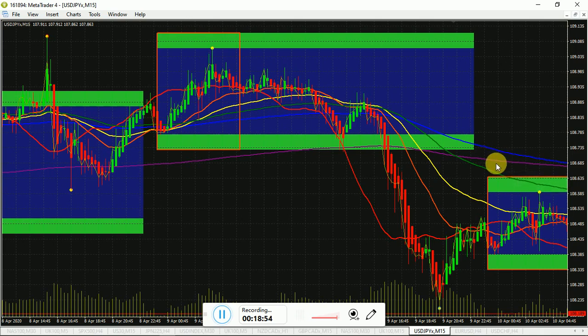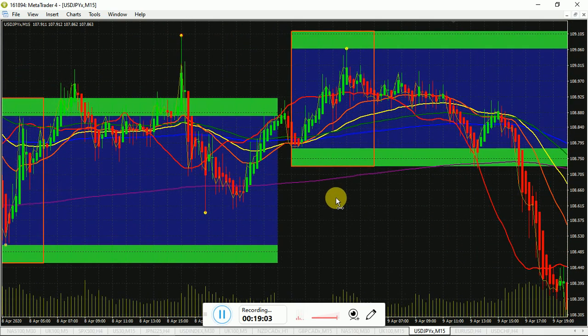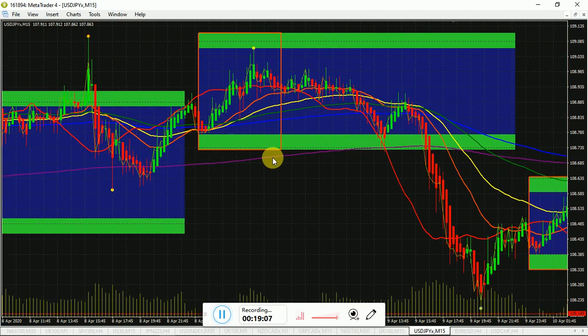It means that when the graph has moved away too far from this line, there's a great possibility that the graph will turn back to this line, or it will bounce here and rally back up again and make another uptrend.